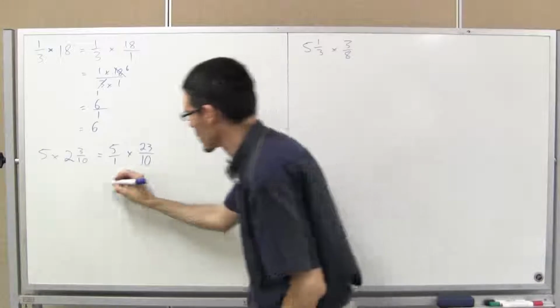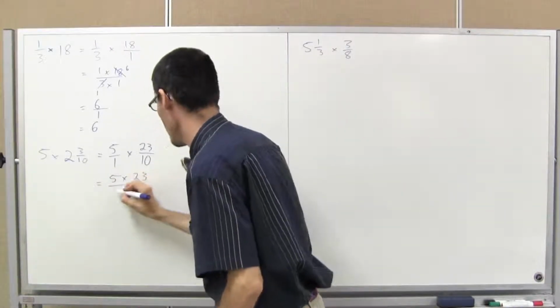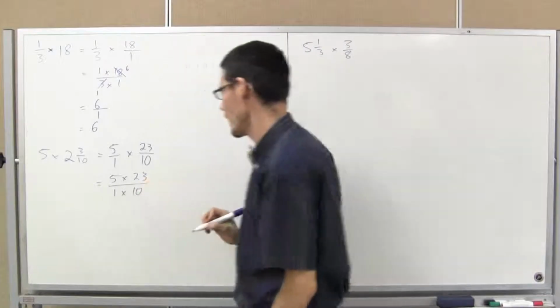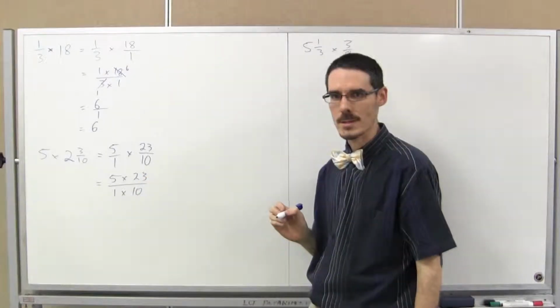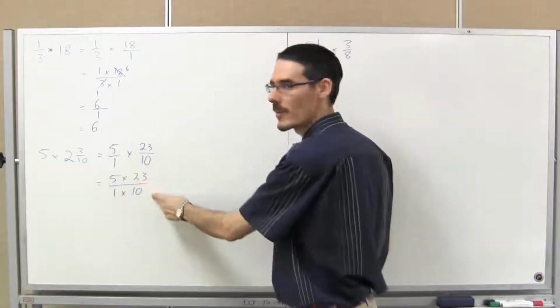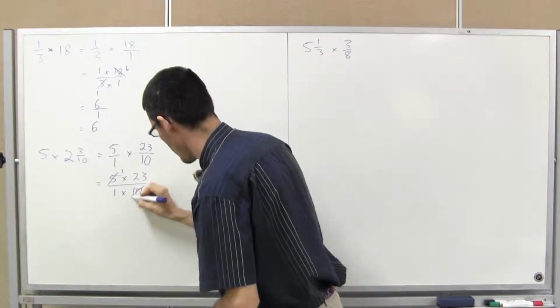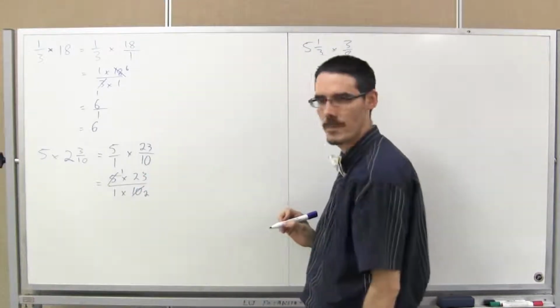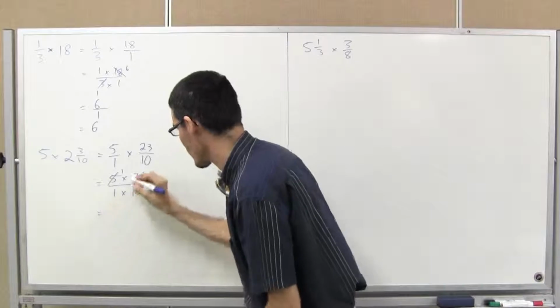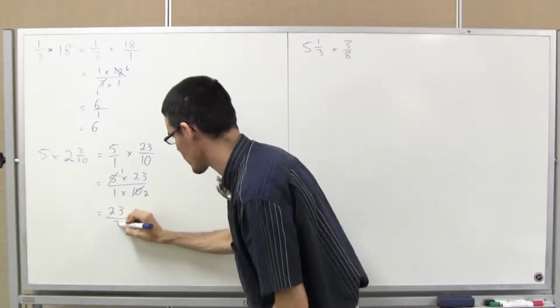Okay, multiply across the top and the bottom. 5 times 23, 1 times 10. Are there any common factors? Yes, there certainly are. 5 and 10 are both divisible by 5. Once up here and twice down here. So I'm left with 1 times 23 divided by 1 times 2.